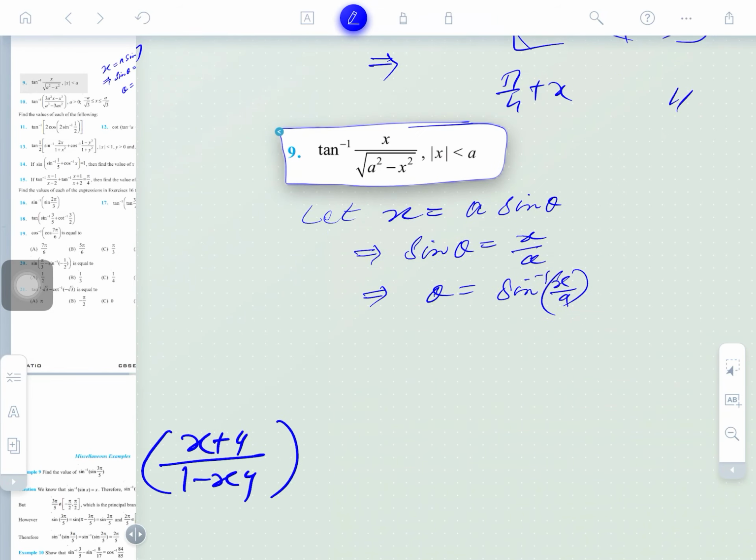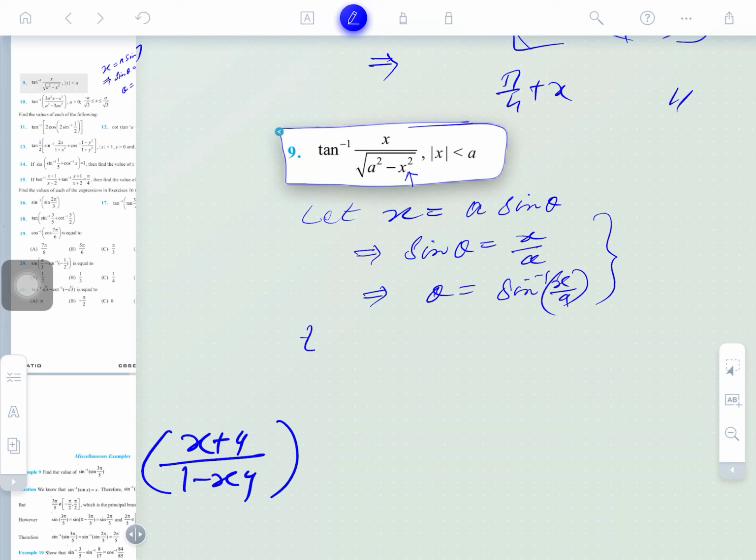The meaning of that is, in place of x you will put a sin θ, so the expression will get solved in terms of θ. But it is your supposition. Your question is given in the domain of x, so your answer will also come in the domain of x. So it is the link of converting θ into x and x into θ.